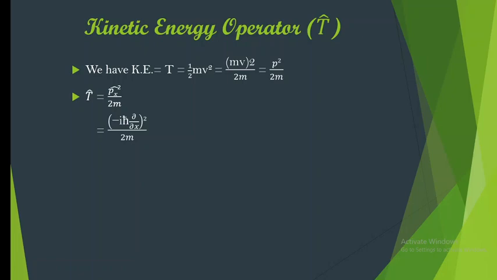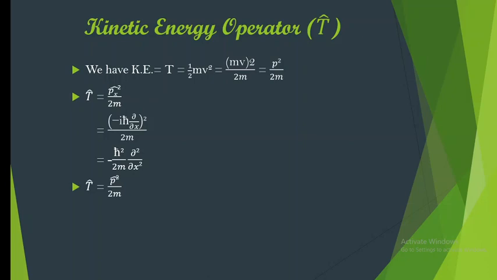Here you can write like this, or you can just write it as px dot px. So it is minus i h cross dou by dou x dot minus i h cross dou by dou x. Both ways you will get the same thing. So when you solve it, minus whole square becomes plus, then i square is equal to minus 1, giving h cross square dou square by dou x square divided by 2m. So this is along the x direction.